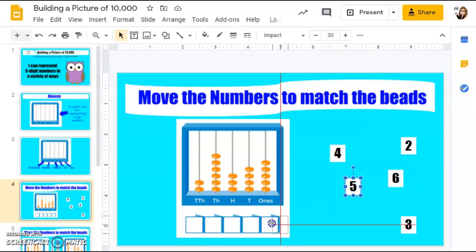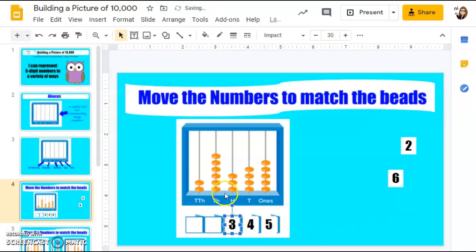So that means I have a 5 digit in my ones place. On my tens place, I do the same. 1, 2, 3, 4. So I put my 4 in my tens place. For my hundreds place, I have 1, 2, 3. So that means I need the digit 3 in my hundreds place.